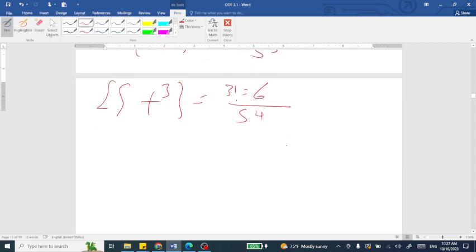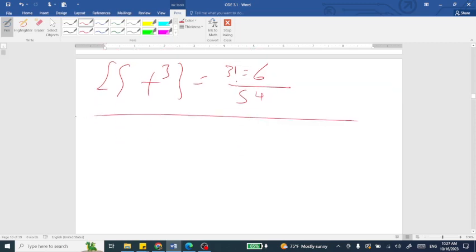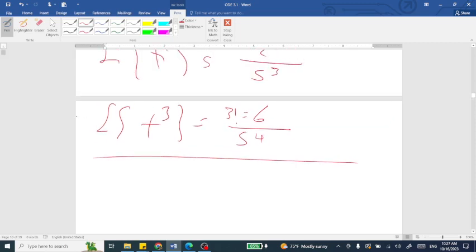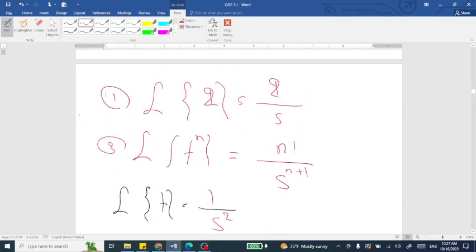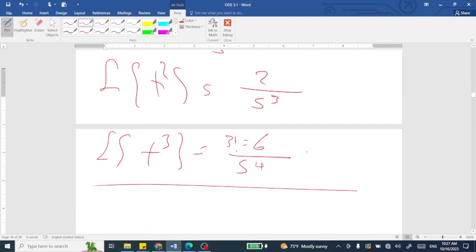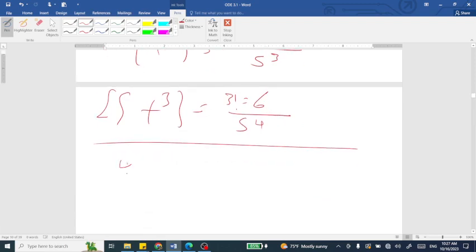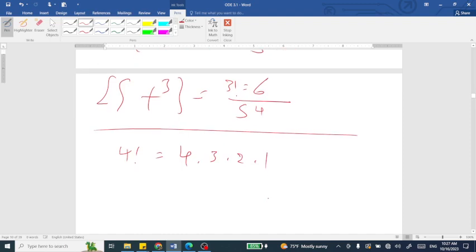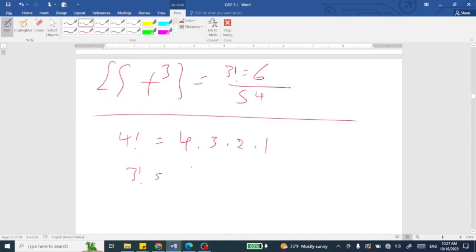Easy one. For n factorial, 4 factorial is 4 times 3 times 2 times 1.